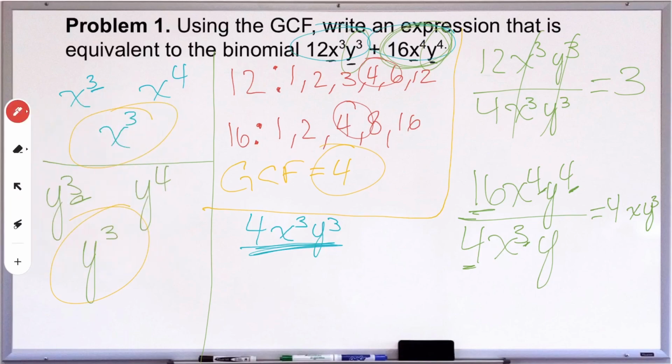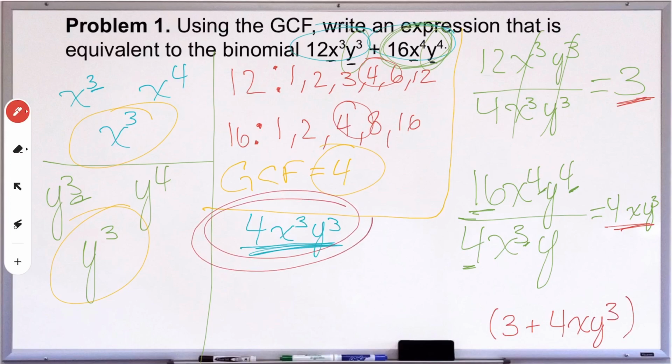So just like our binomials with a single variable, we are going to take these two terms and add them together. So we will have 3 plus 4xy. And all we have to do is take this binomial and place it outside.